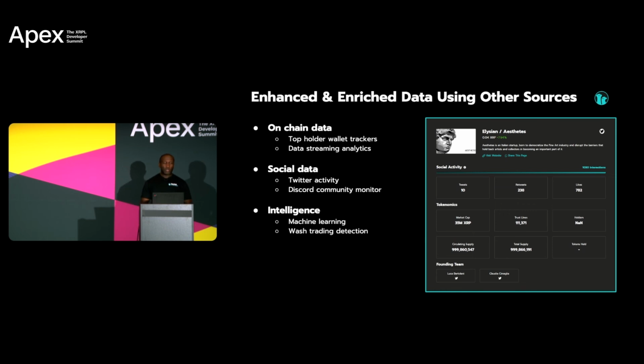We're also looking at Discord community monitoring. We're looking at a wide range of social activity in relation to how it relates to NFT transactions on chain. One thing we're looking at in future is intelligence.